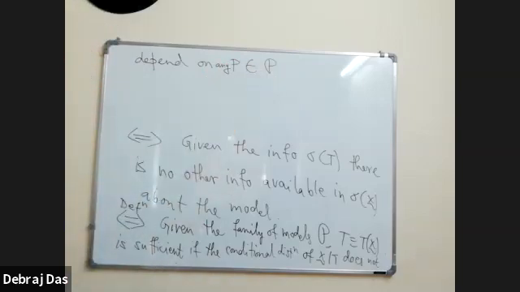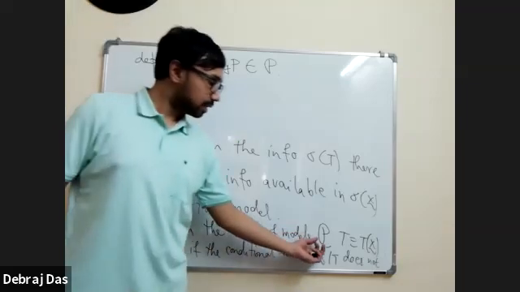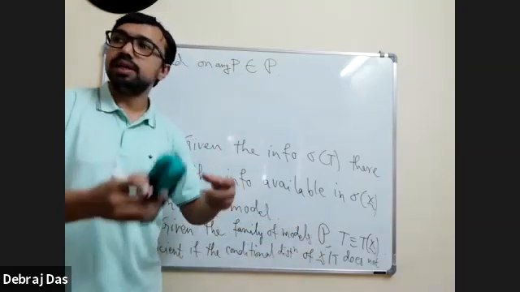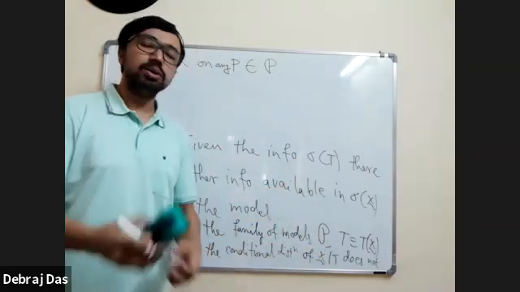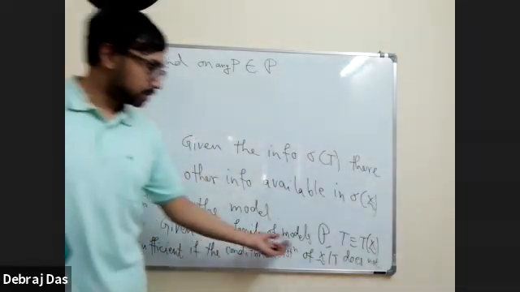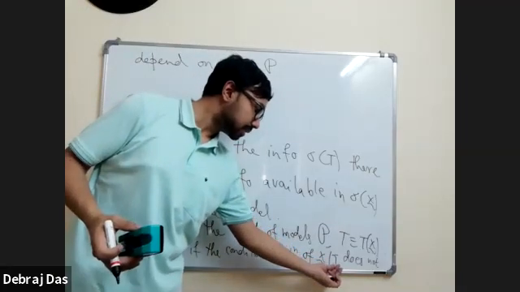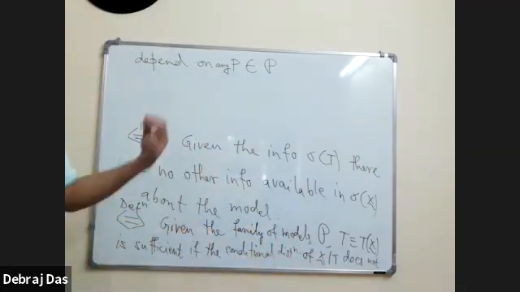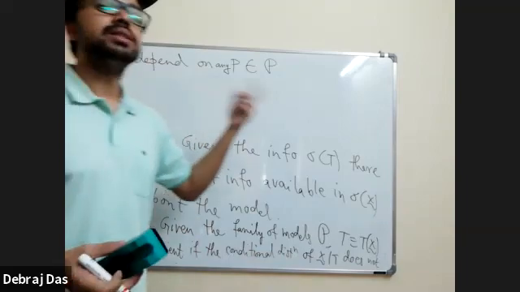Okay. So that means even if you change the underlying model, think about normal theta 1. Even if you change the theta, the conditional distribution of the sample given the sufficient statistic will not change if you change theta.